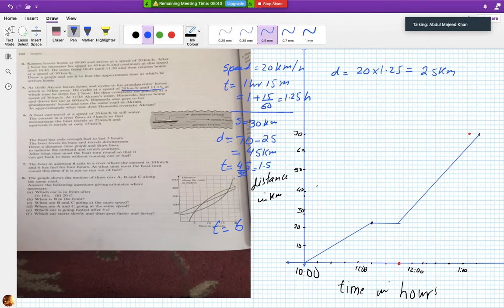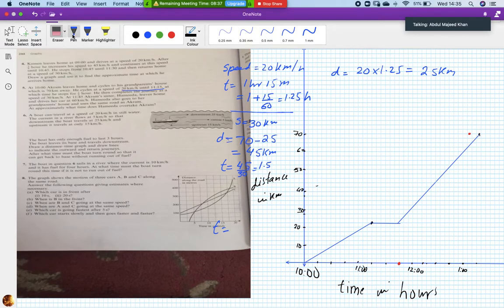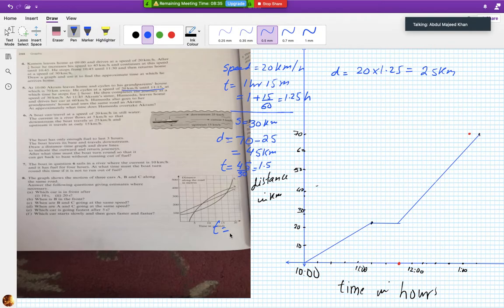So we have to do 70 divided by 60, which is 1.16. So you can see I started from 11:45, then you take 15, 30, 45, 1 hour, 1 hour 15 minutes. A little after that is 1 hour 16 minutes. So I place the point here.